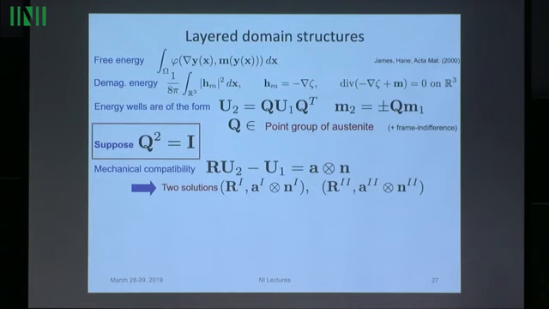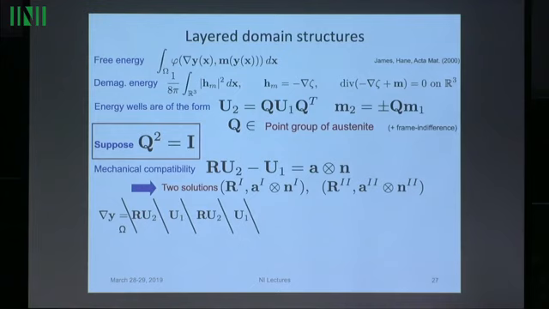So we know how to solve this now, or we certainly wrote lemmas about that, and there's two solutions, and so we know that if we take one of those two solutions and compute the R, we have a compatible domain structure. And I hope you have a feeling for what that looks like in the deformed configuration. Here we're in the reference configuration.